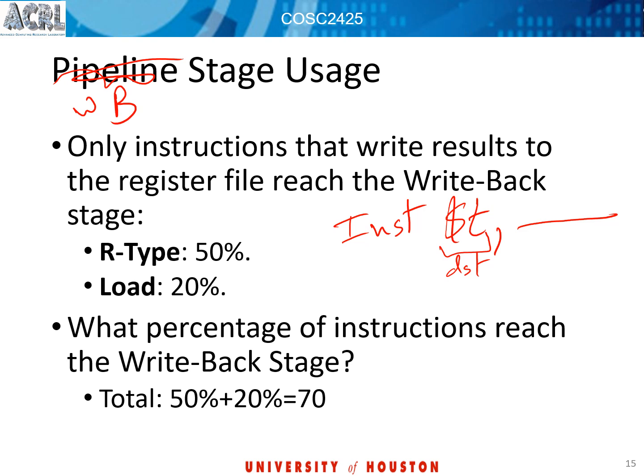All instructions that have a destination register use the write back step, where you actually commit the output to the register file. So R-type instructions and load instructions, because you are loading from memory and putting it in a register, or with R-type you are doing some math and putting it in a register. So the total is 70%.